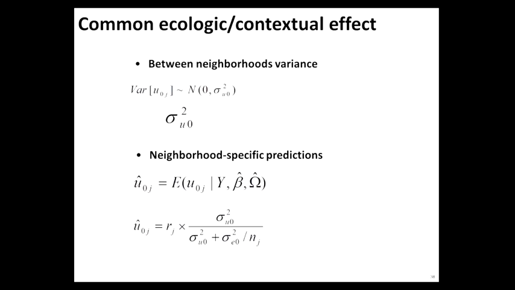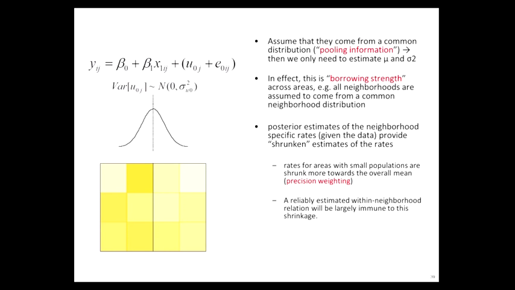I don't want to go too much into the details of this, but what I'm showing you there is a formula of how the multi-level model calculates that specific place effect, the effect of a specific neighborhood. So having estimated the overall variation, we can make predictions for specific neighborhoods to get at the effect of each neighborhood. And obviously we do that under some assumptions; this is the engine part of the multi-level models.